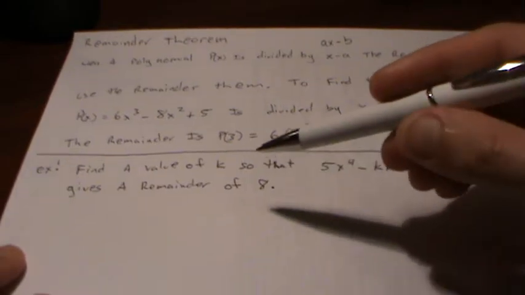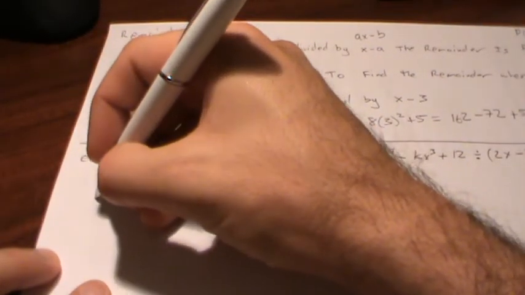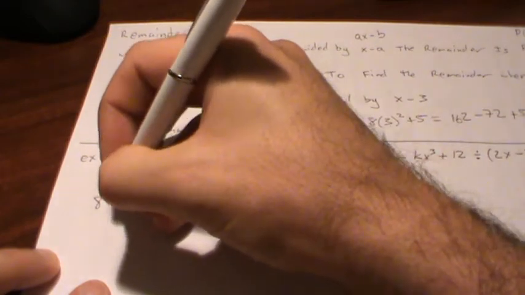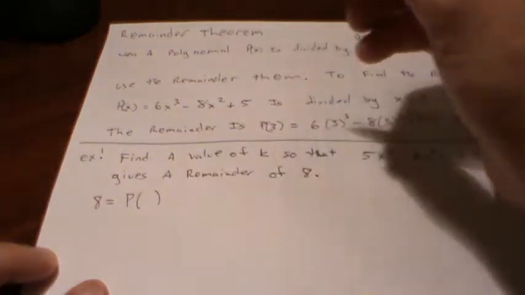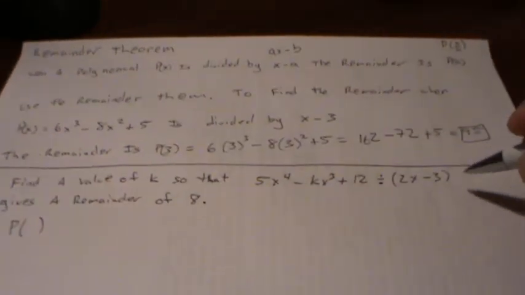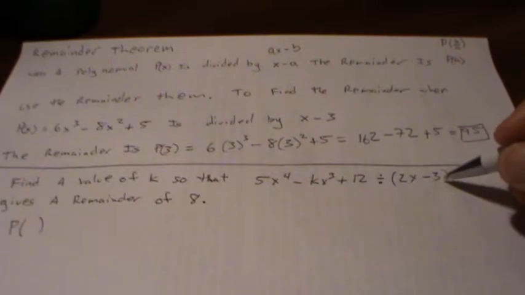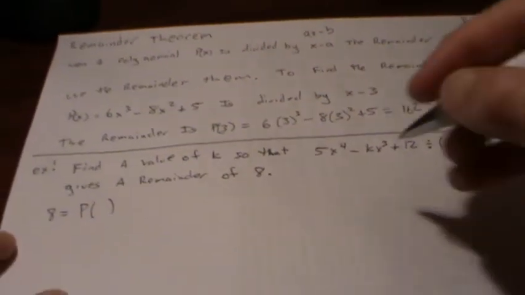I want a remainder of 8, so I'm going to say that that remainder, 8, is actually going to be equal to p of b over a, or 3 over 2.